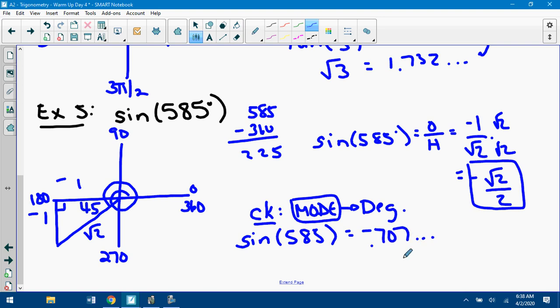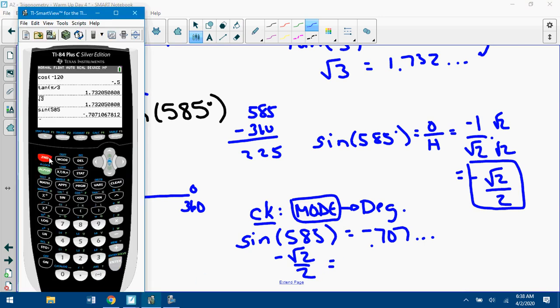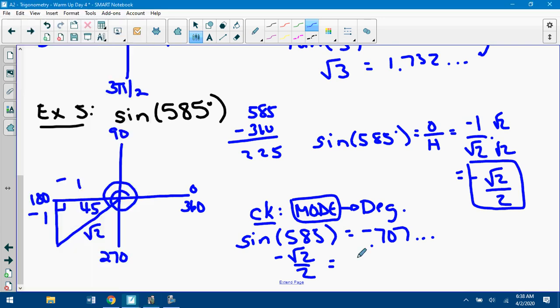Some of these decimals you'll start to recognize. I got to type in negative radical 2 over 2. I think we've seen one like that today already. If I do negative radical 2 divided by 2, negative 0.707. We got it right.